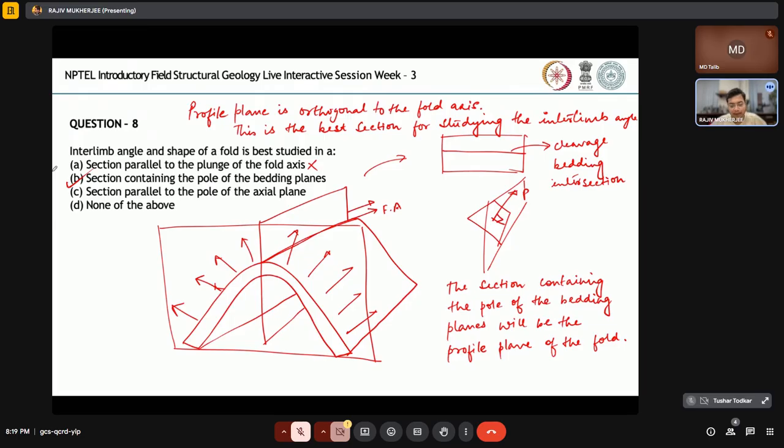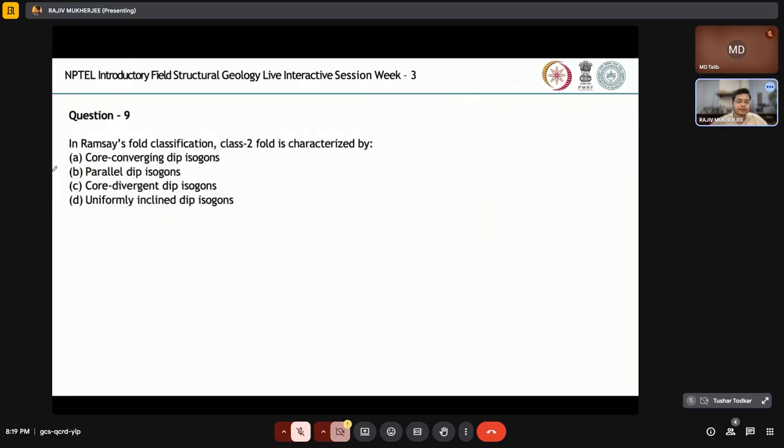That means whether it is open, gentle, tight, isoclinal, whatever. Right? Okay. Now let us move on to the next question, which is: in Ramsay's fold classification, class 2 fold is characterized by option A, convergent dip isogons, option B, parallel dip isogons, option C, divergent dip isogons, and option D, uniformly inclined dip isogons.